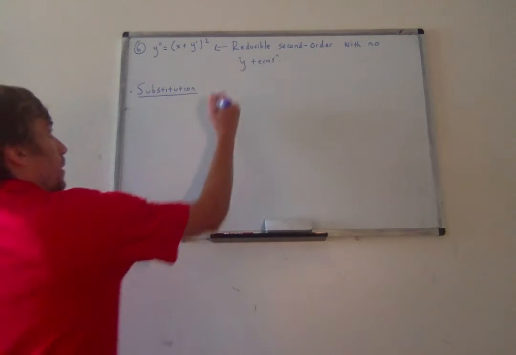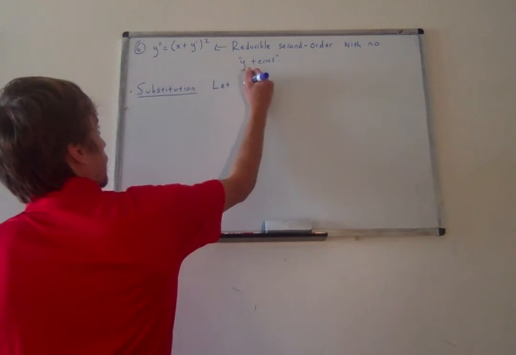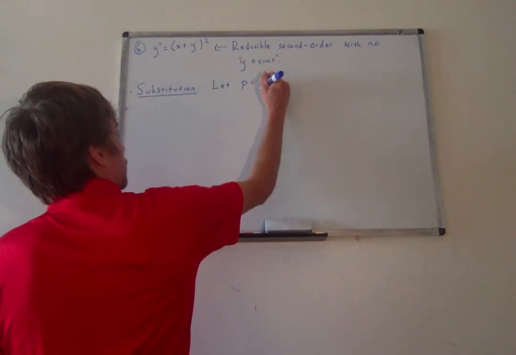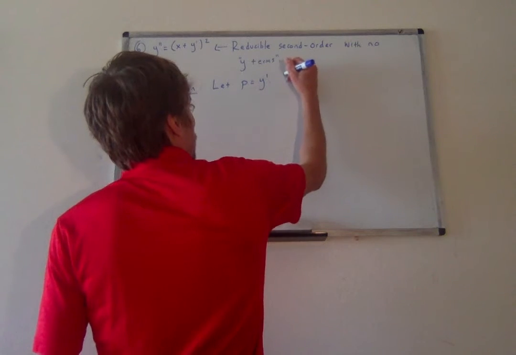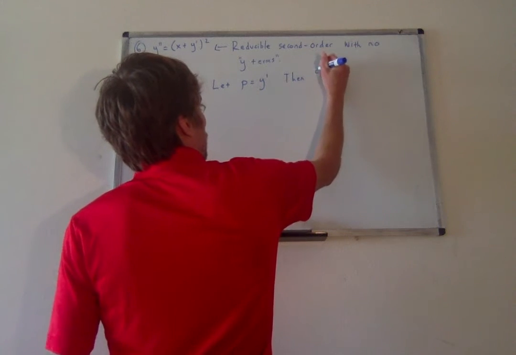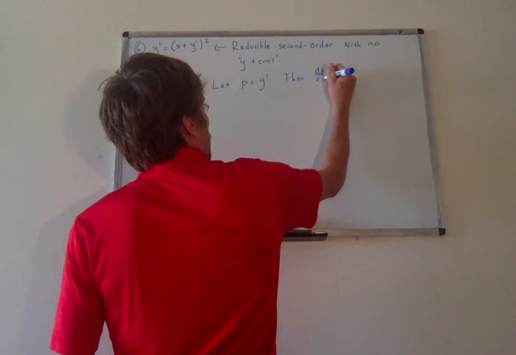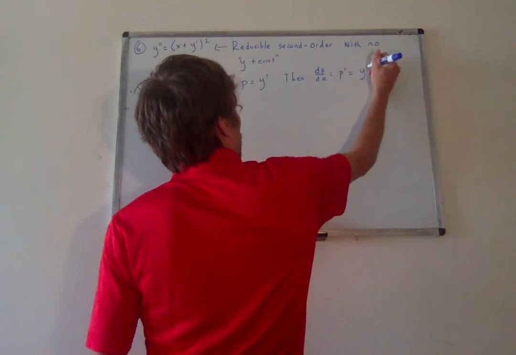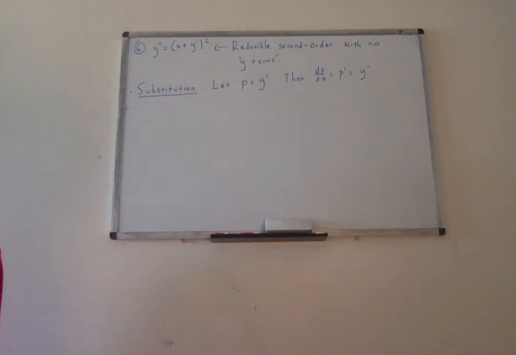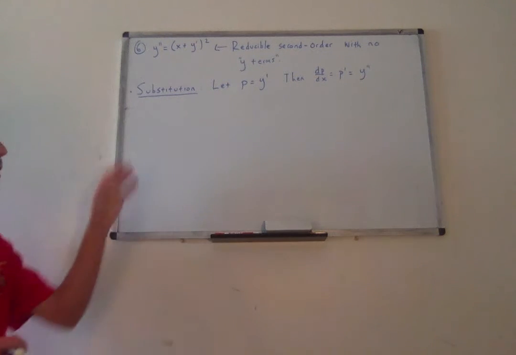Where we let p equal y prime. And so if we do this, then dp dx, or maybe p prime, is just equal to y double prime. And why do we do the substitution?